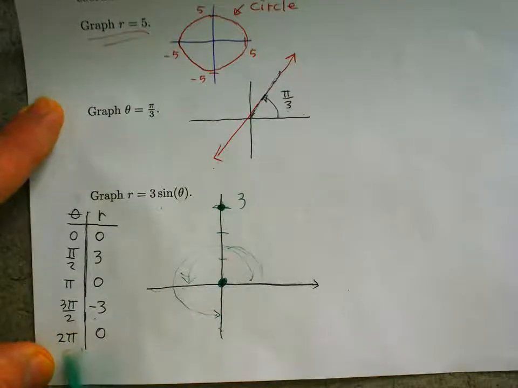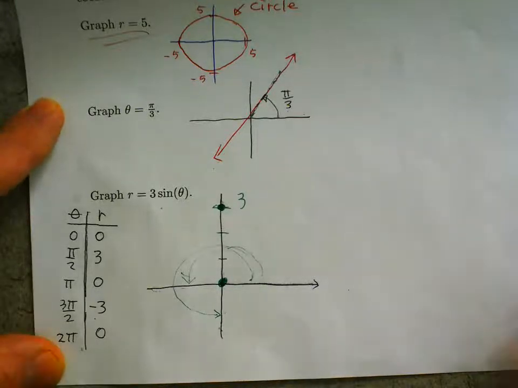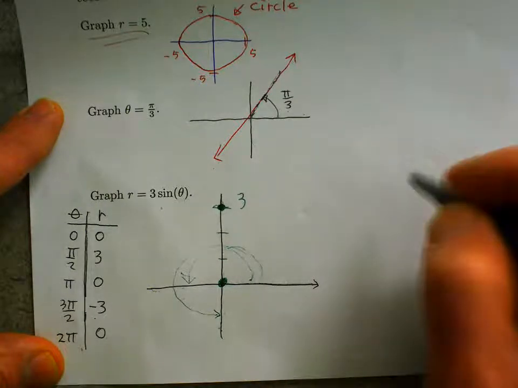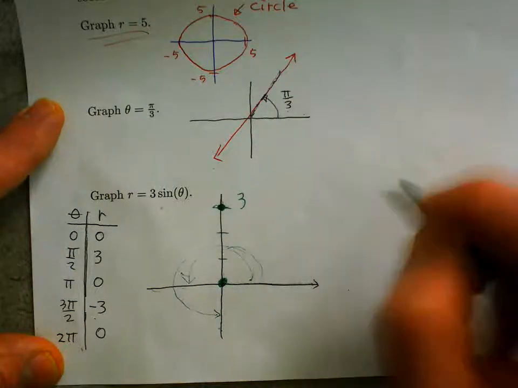And then when theta is 2 pi, we're back at 0. So that doesn't appear to be enough information to graph the curve. So let's pick some theta values between 0 and pi over 2 and see what happens.